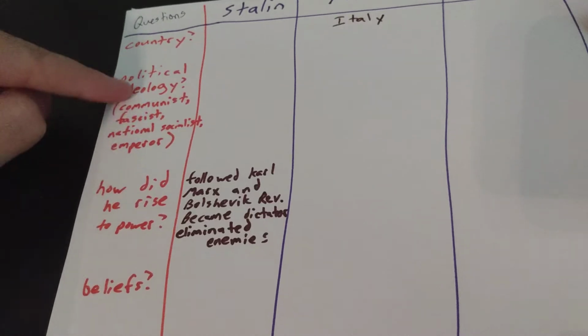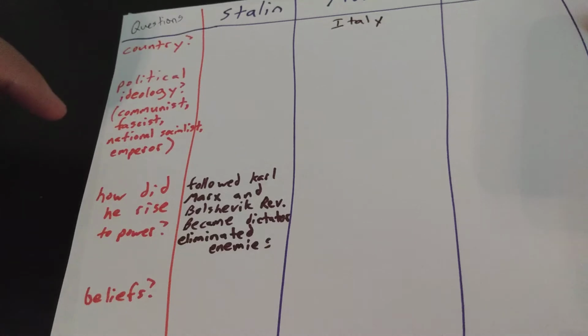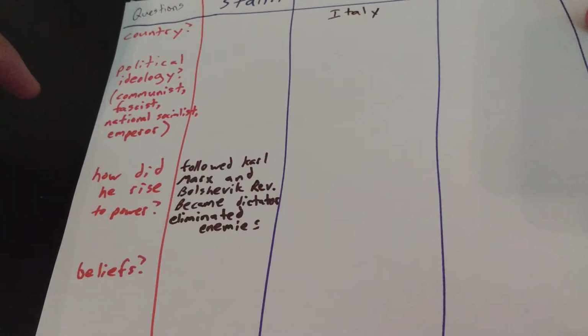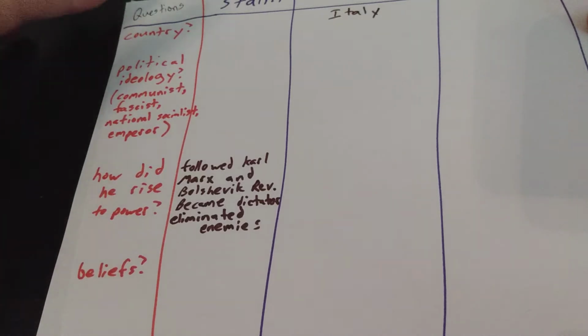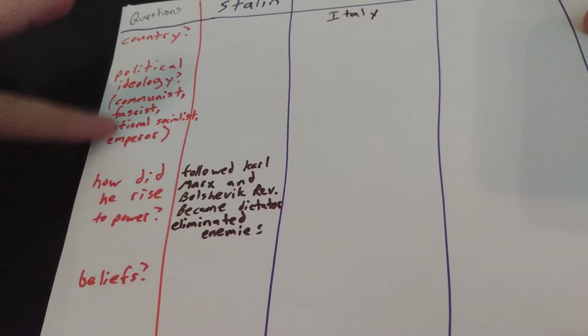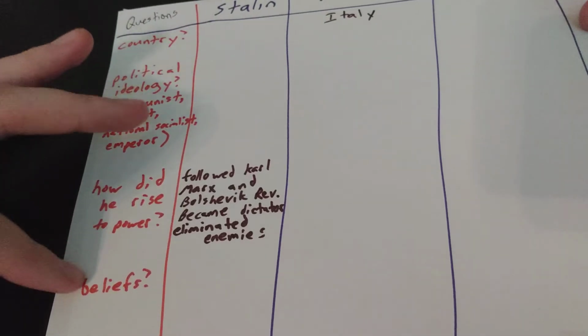So you're going to write this stuff down. And you're going to write, how did he rise to power? And write beliefs. So you're going to write all of these questions just like they are on your own chart.